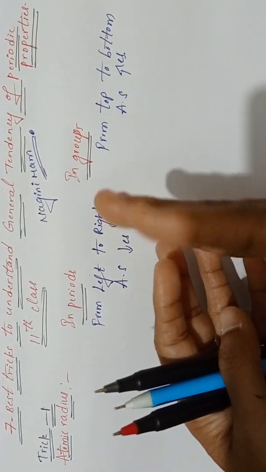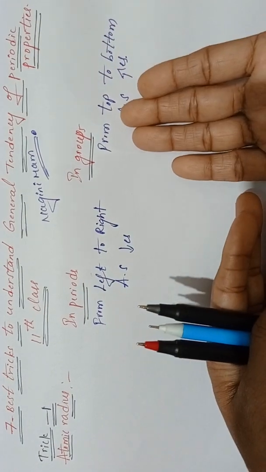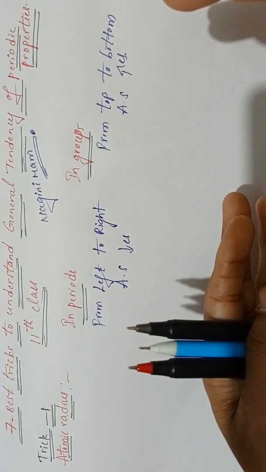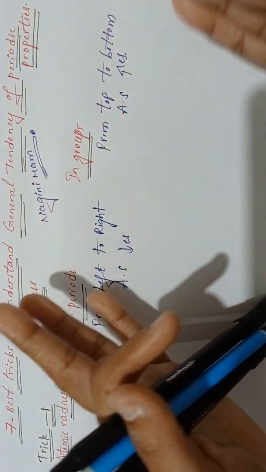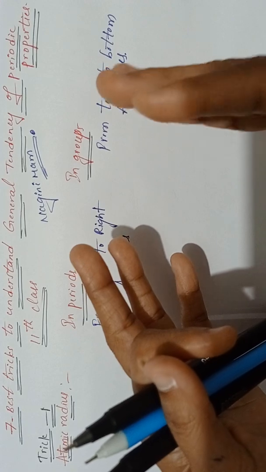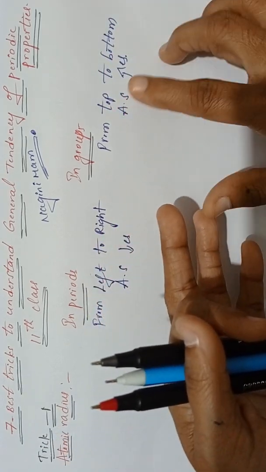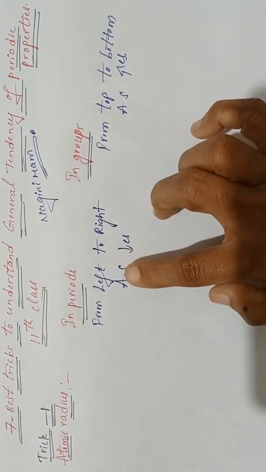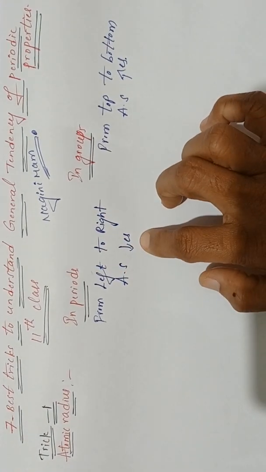So that's why atomic size decreases. Coming to the group, from top to bottom the number of shells increases. Whenever the number of shells increases, automatically atomic size also increases. So from top to bottom atomic size increases, from left to right atomic size decreases.